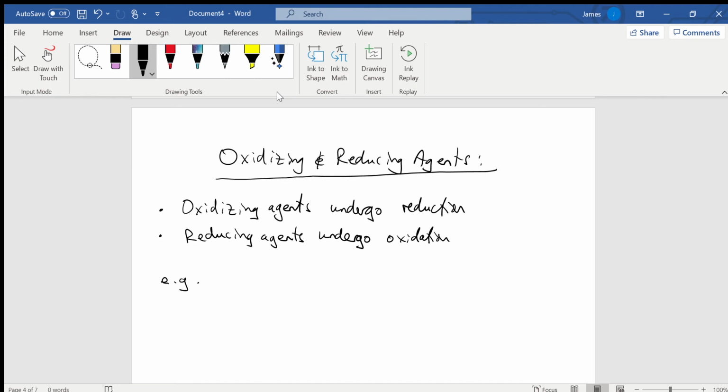Okay, so let's see an example. Let's have a look at, oh, one other thing, very important. Agents are always reactants, never products.